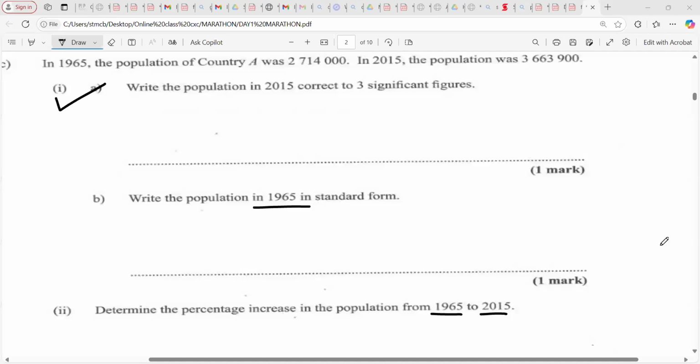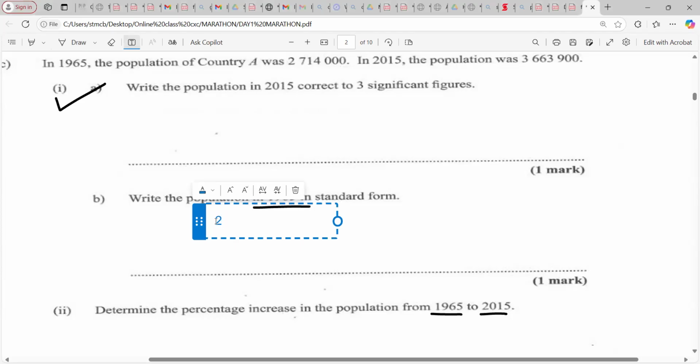All right, so we looked at the significant figures already. Now I'm going to talk about standard form. So I just write the number for clarity: 2,714,000.